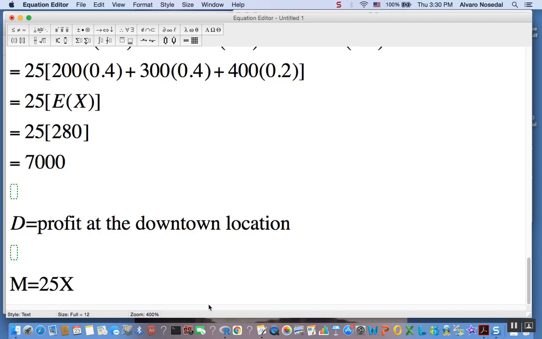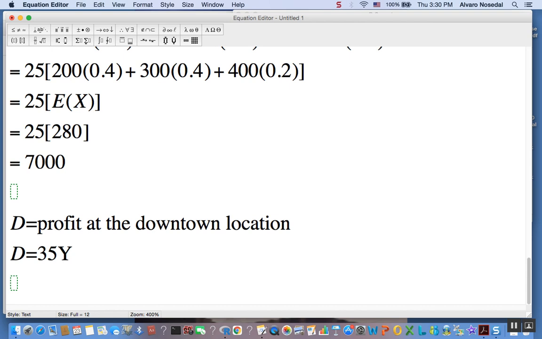And now it turns out that at the downtown location, well, it's 35 times y. Okay? So how about we do it as a homework problem?